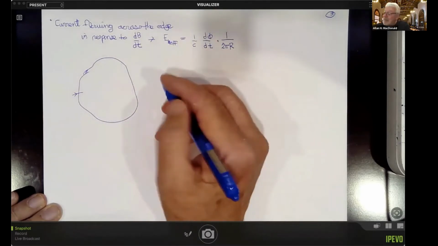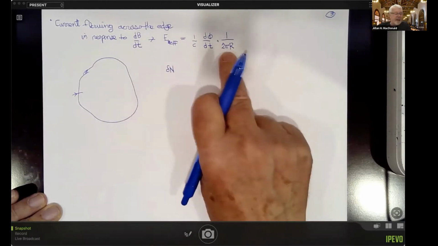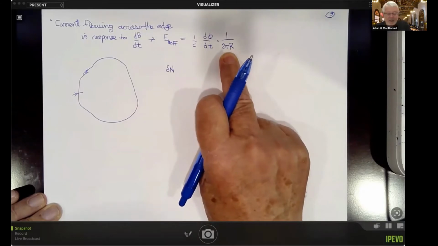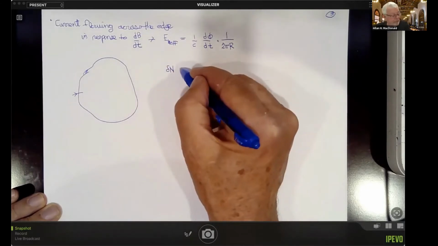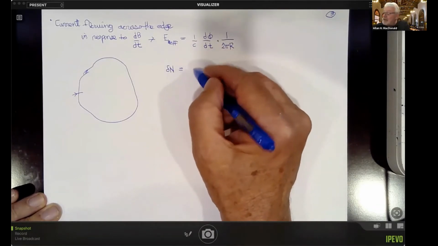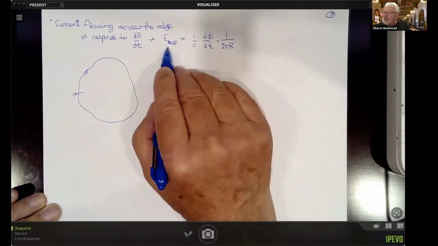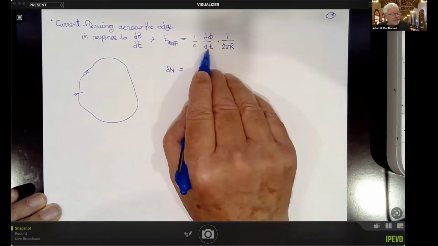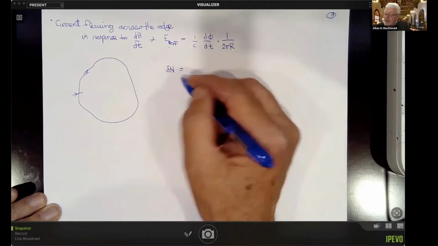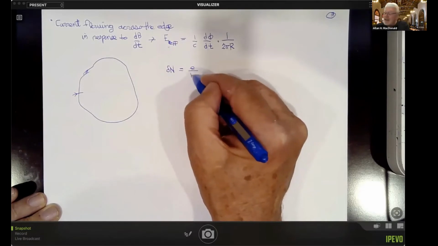If I integrate again around the entire edge, canceling this factor of the perimeter, then the total charge that's induced is proportional to the Hall conductivity, proportional to this EMF integrated over time. Integrated over time, instead of d phi dt, I just get phi. And if I put all the factors together, I get E over HC times A.